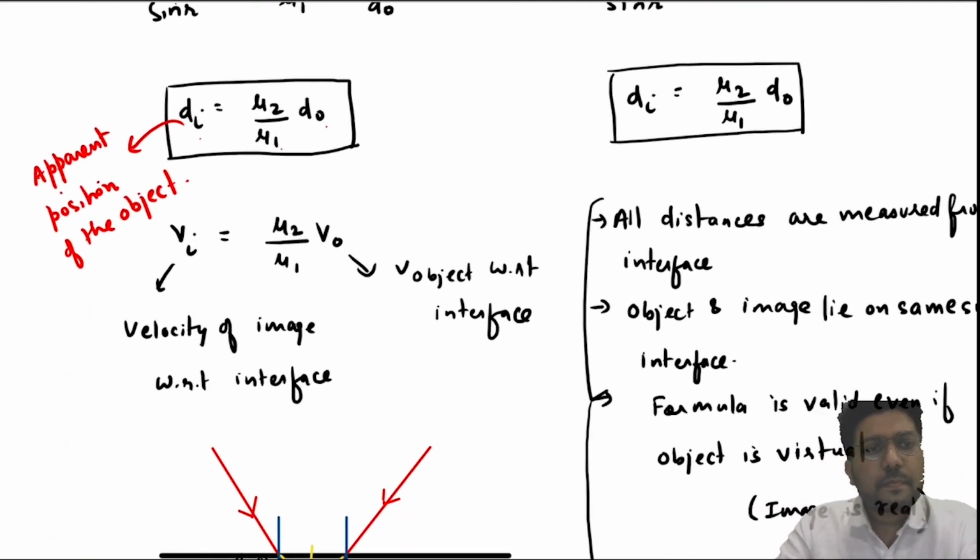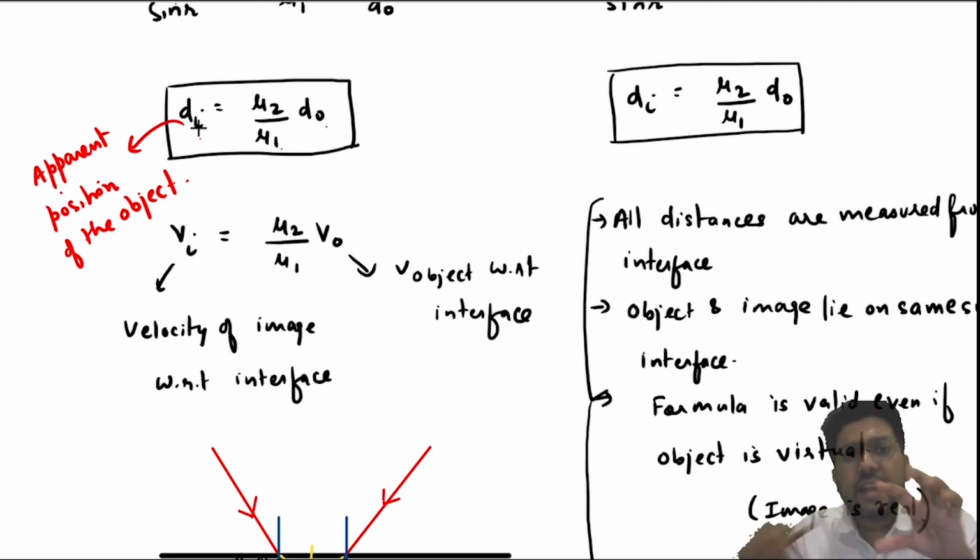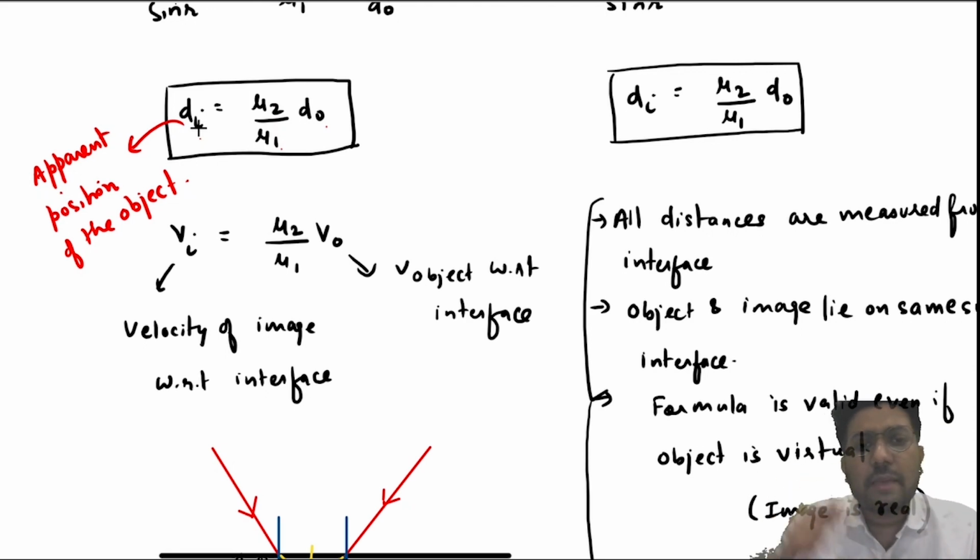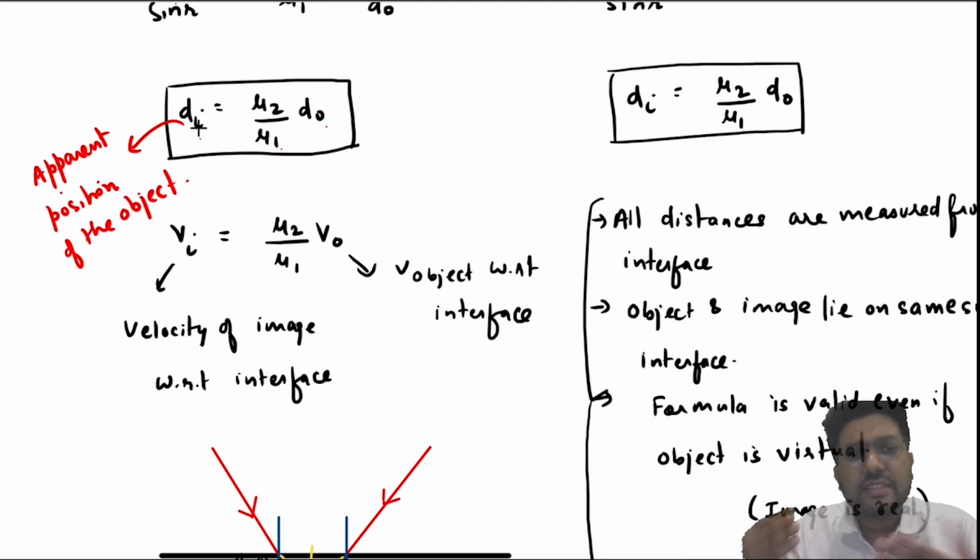Okay, now suppose they ask you what is the velocity of the image. See, if you differentiate this with respect to time, then d di by dt is equal to mu2 by mu1 d do by dt. But d di by dt is what? d di by dt is the rate at which the position of the image is changing. The rate at which the position of image is changing with respect to the interface is called the velocity of image. Similarly, d do by dt is what? The rate at which the position of the object is changing is called the velocity of the object.